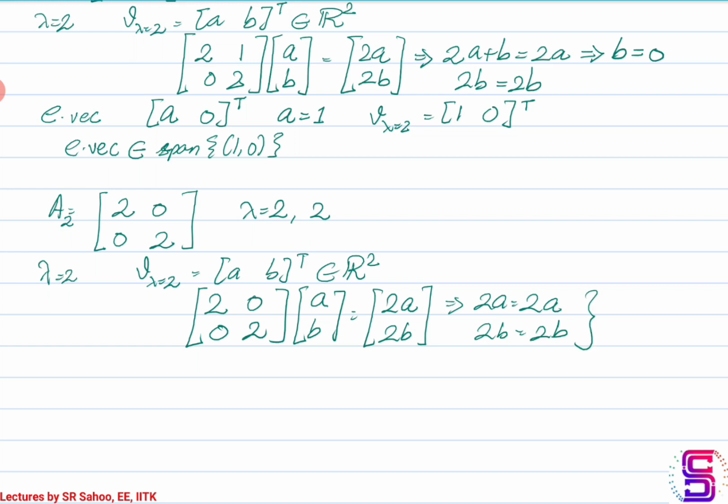These two equations are essentially trivial equations, which means a and b can be chosen independently of each other. This indicates that one eigenvector that I can choose is by setting a to be 1 and b to be 0, and let me label this as V bar, and another eigenvector that I can choose is by setting a to be 0 and b to be 1.